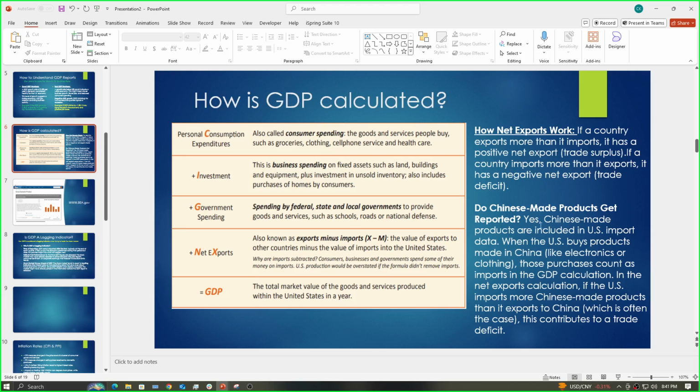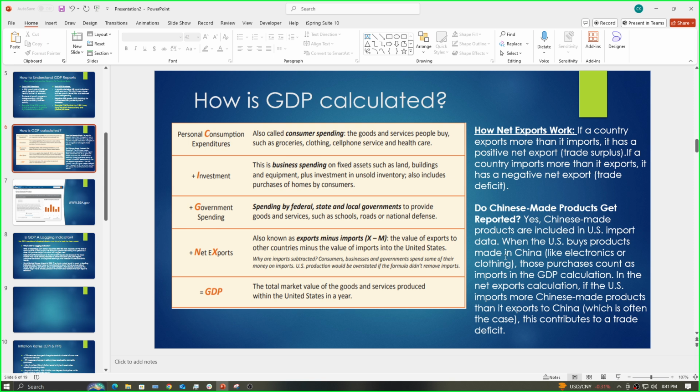All right. So now, does that get counted? Yes, Chinese-made products are included in the U.S. data. When the U.S. buys products made in China, like electronics, clothing, or whatever you buy from China, Temu, Pinduoduo, those purchases count as imports to the GDP calculation.